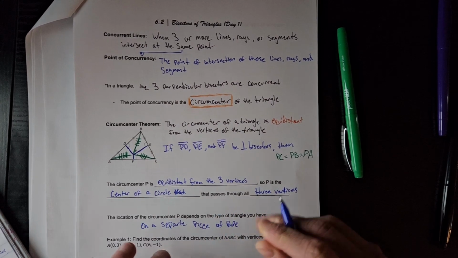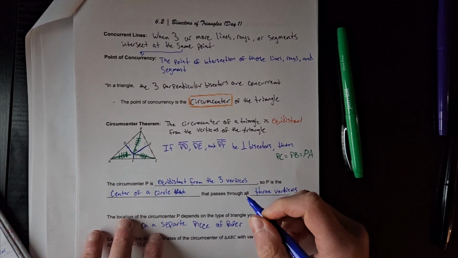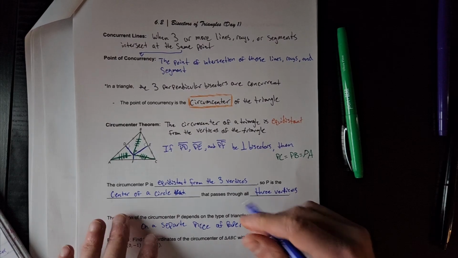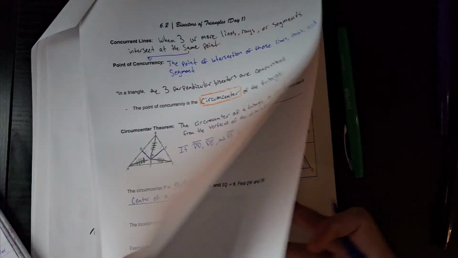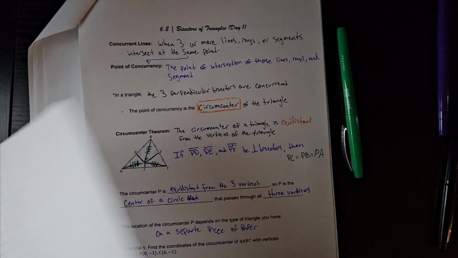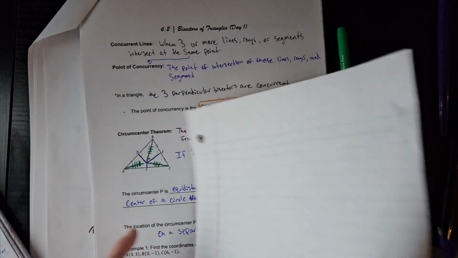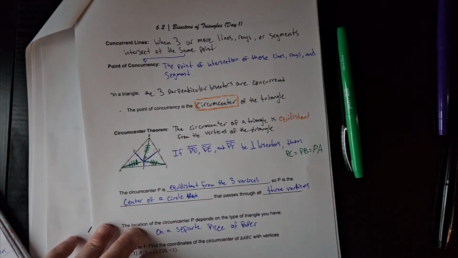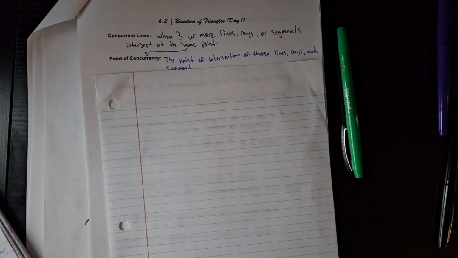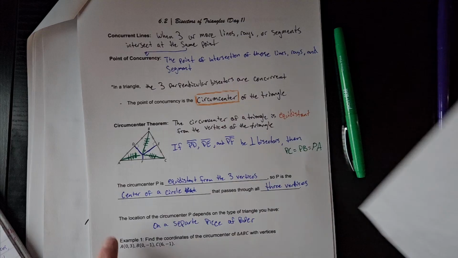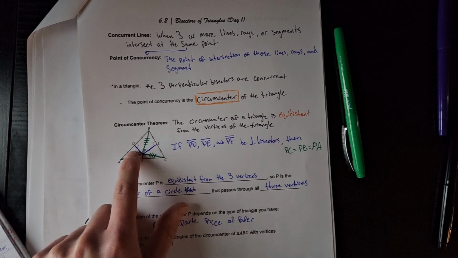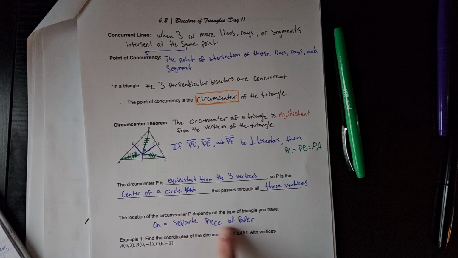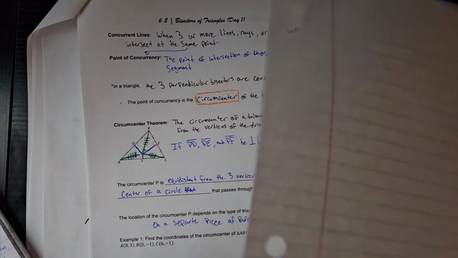Again, you don't need this, but it's going to be helpful. We have something like this later in the packet. Either way, I'm going to take my handy dandy paper and we're going to draw some triangles, because the location of this circumcenter P, where these intersect, is different on the different kinds of triangles.